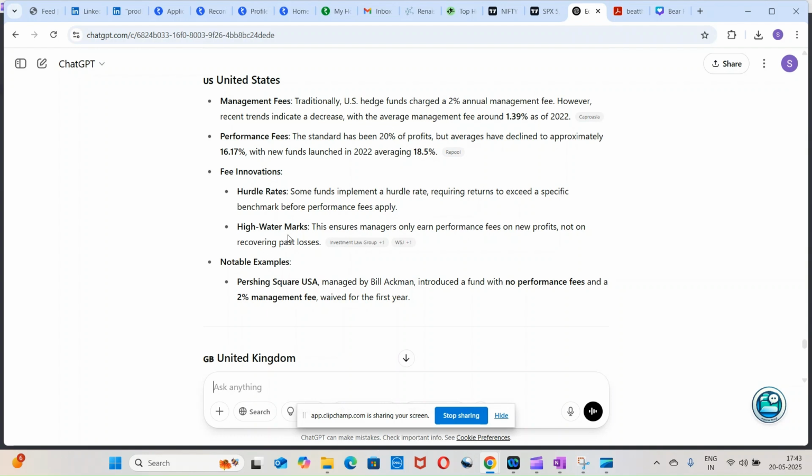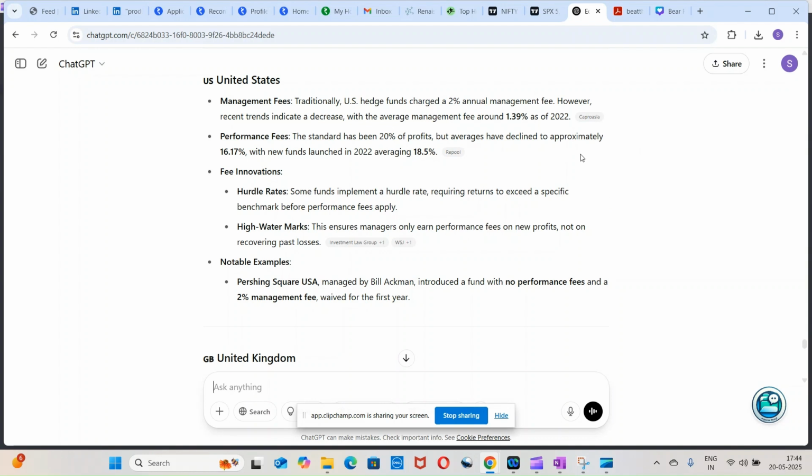Okay, and the other one is high watermarks. The managers will only get performance fees on new profits generated, not on recovering past losses. So suppose the fund went up from 0 to 100, and suppose 50 is the benchmark, and for that you collected the performance fees, but now your fund has come down again to 20, and then it again went to 100.